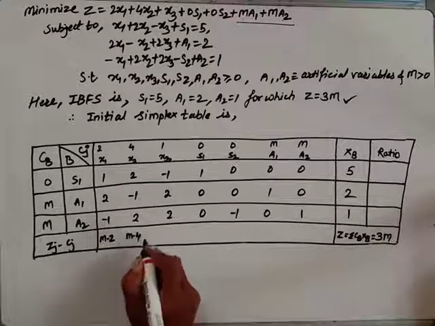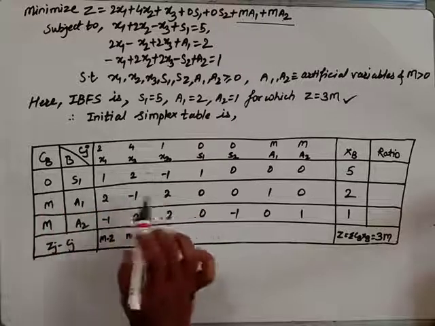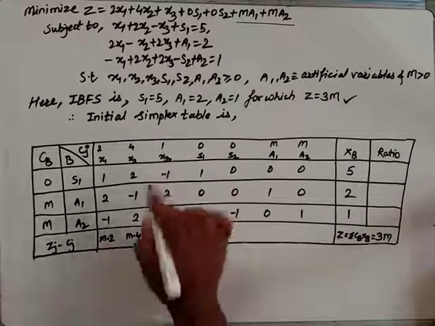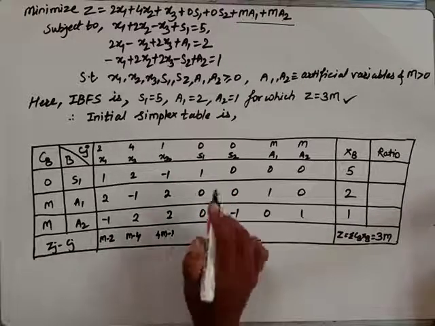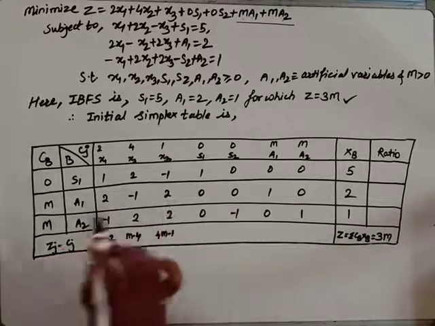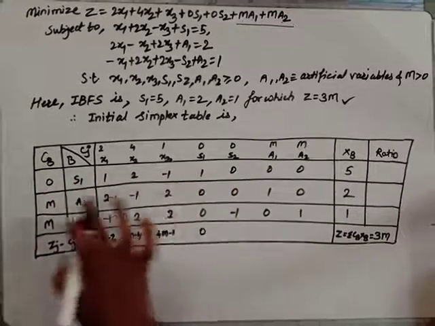Now here 0. This is 2M plus 2M, 4M minus 1. So it will be 4M minus 1. Now it is 0, 0, 0, minus 0, so 0. Here we are taking the product with this.